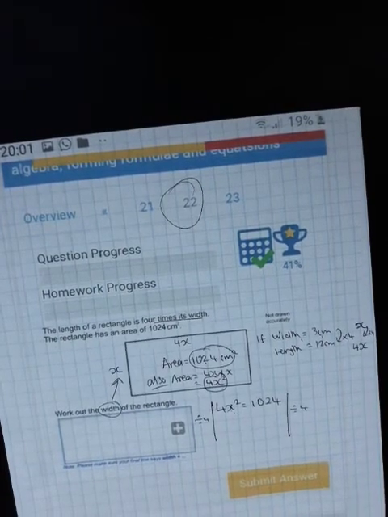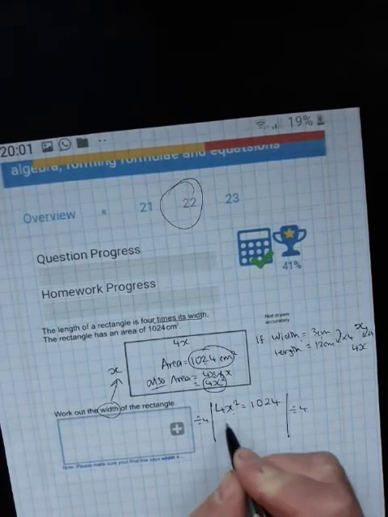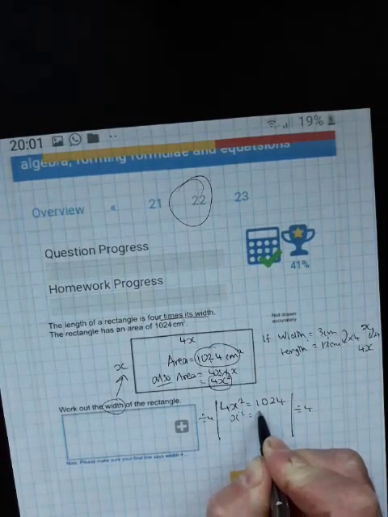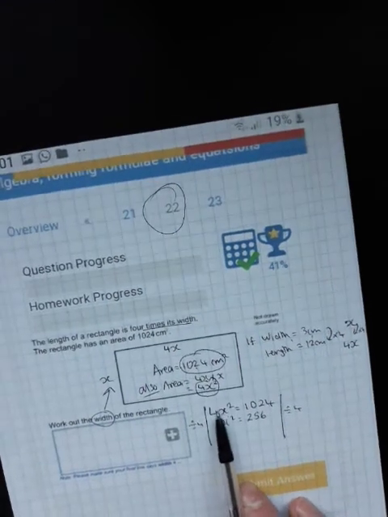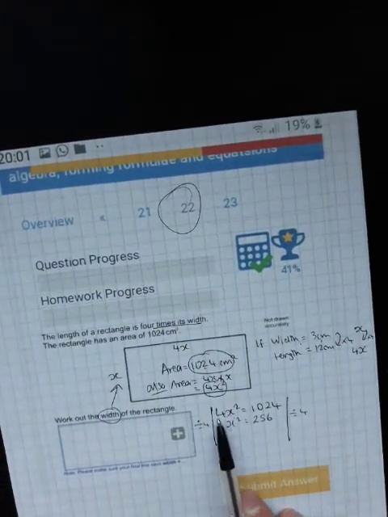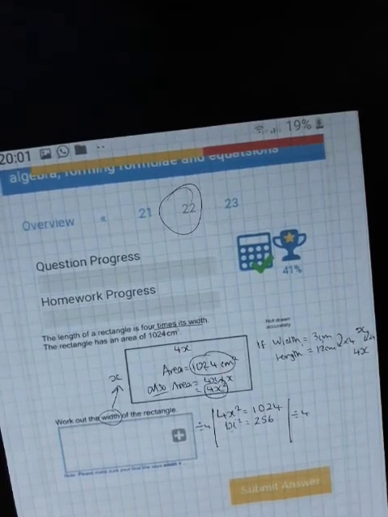Let me just check. 1,024 divided by 4 is 256, yep. So I'm going to divide by 4, get x squared on this side, and 256. Just a little warning here. Some people like to square root straight away. You can't square root until you've got the x squared on its own. I had to get rid of that 4 by dividing by 4, so I've actually got a 1x squared there.